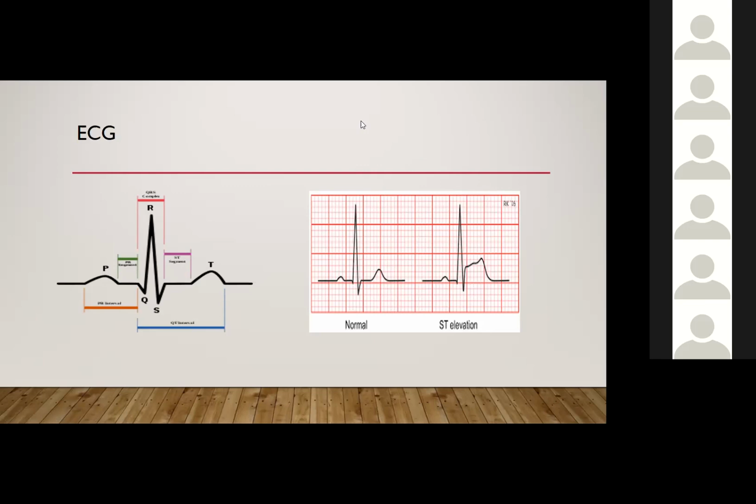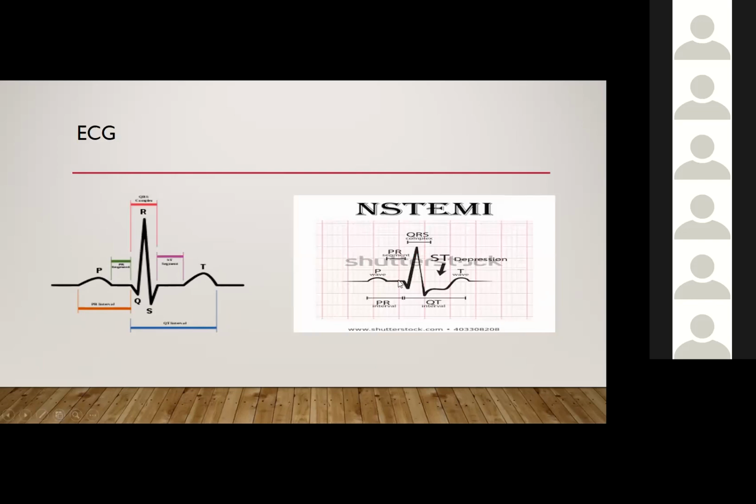However, if you check and it is deviated towards the lower direction, as you can see, this is your baseline, but your ST segment is rather below the baseline, then it means that you have what? An ST depression. So clearly this becomes a non-ST elevated MI. That's the opposite of your ST elevated MI.